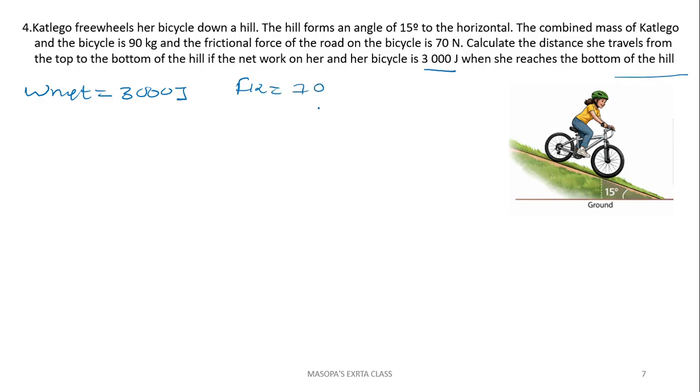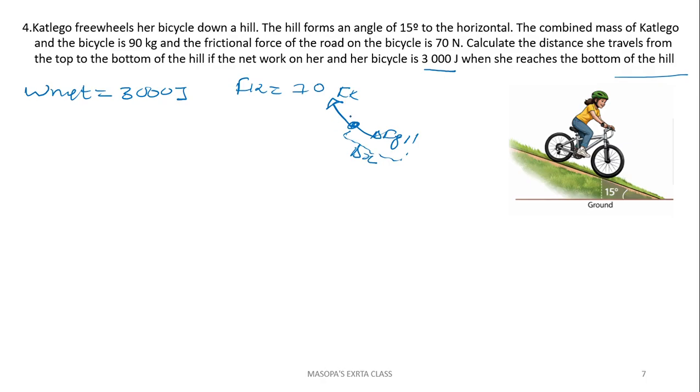Then you are also given the Fk, which is 70. Then when you draw a free body diagram, we can see that the Fg parallel is also taking place there, and also Fk. And when you look at the diagram, you can see that the Fg parallel is in the same direction as your delta x, but opposite direction is Fk.